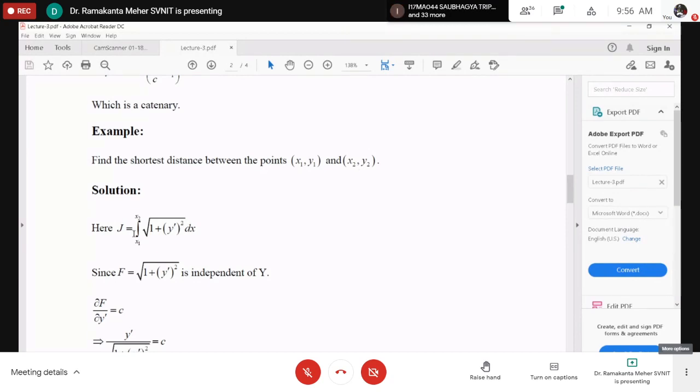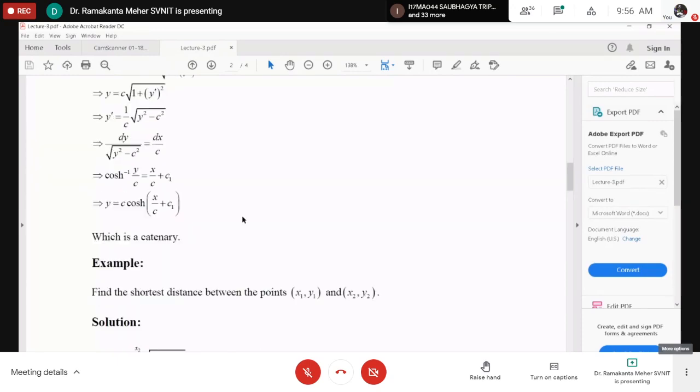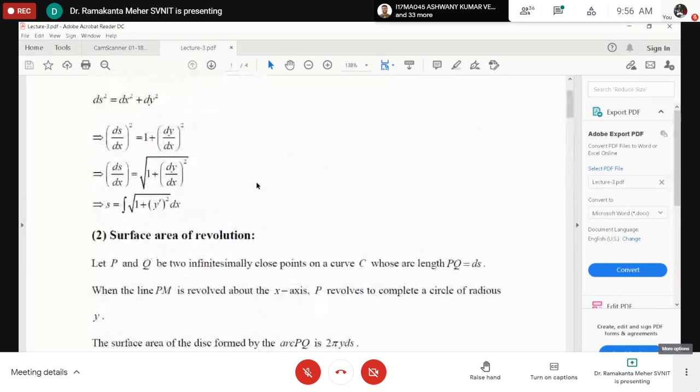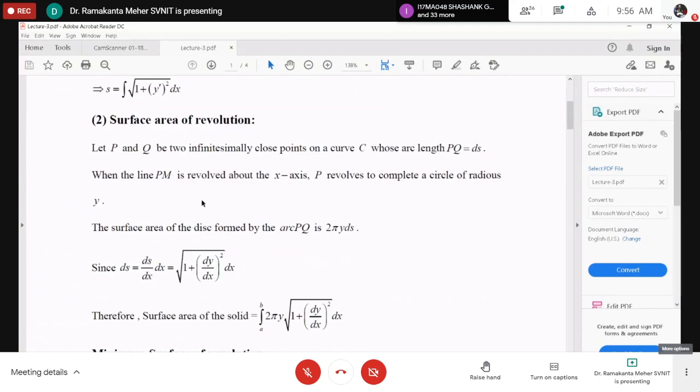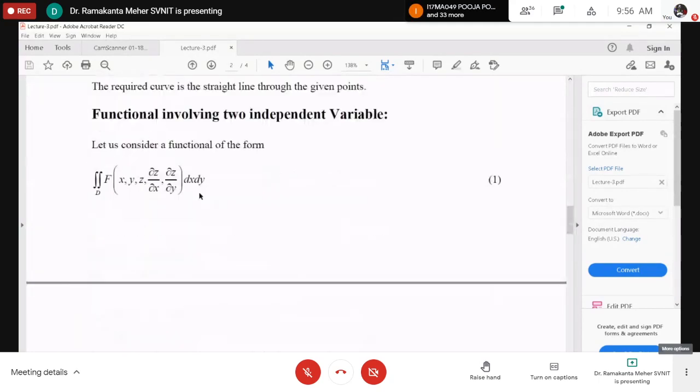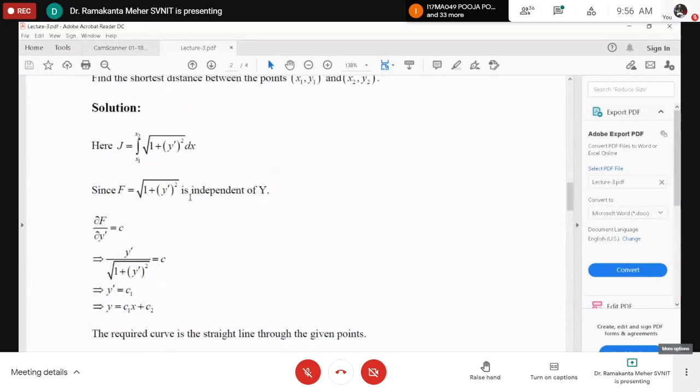We know the formula of arc length is equal to the integral of root over 1 plus y dash square dx, and we have to minimize this to get the minimal distance between the points x1, y1 and x2, y2. So here you can see this is the value of f, which is independent of y. This is small y, sorry.